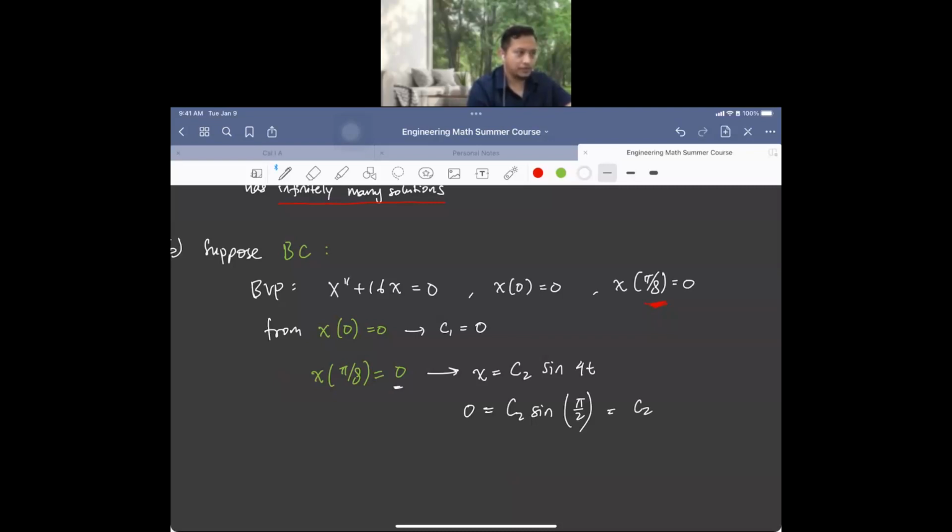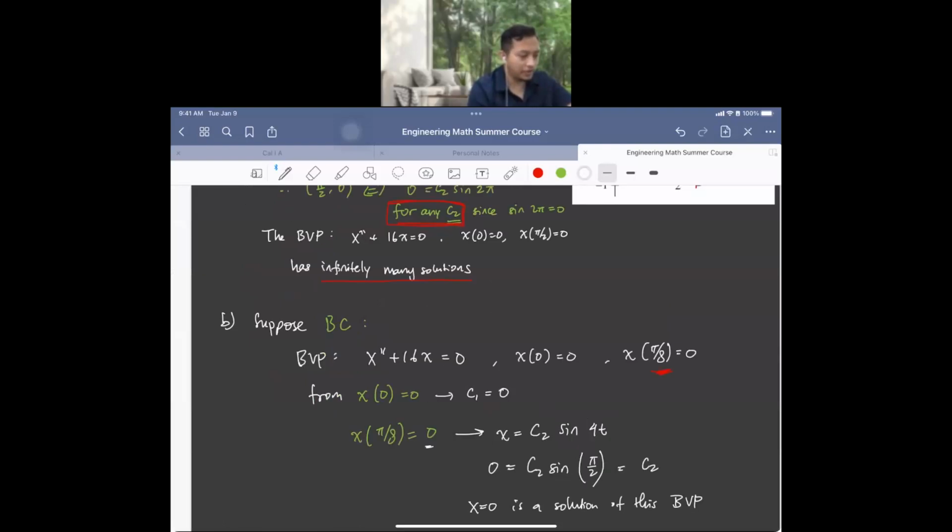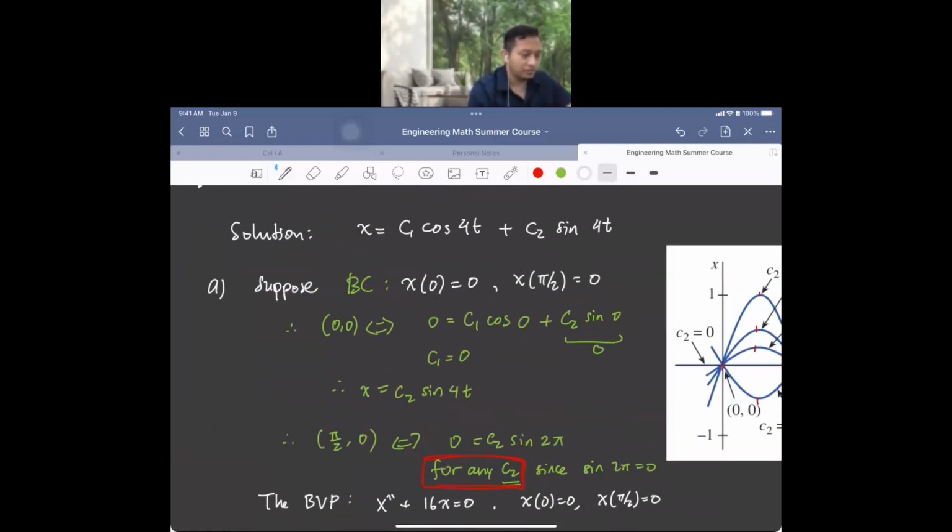So x equals 0 is a solution of this BVP. I hope you don't get confused. Usually we have y as a function of t, so we are exchanging x for y, but it's the same as when we had differential equations in the previous examples.